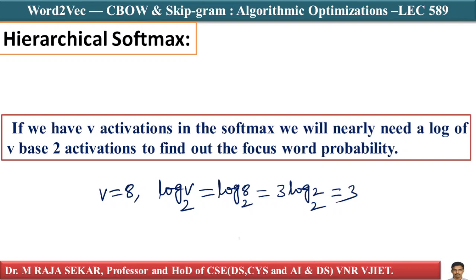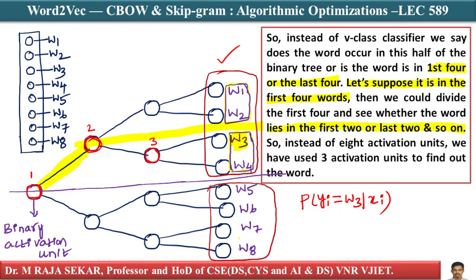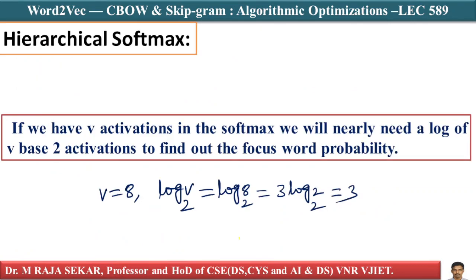So what are you trying to do? You are trying to predict the probability of yi equal to 3 given xi. In softmax, that's what you are trying to predict. To predict, instead of having 8 softmax units here, I just need 3 binary softmax units.